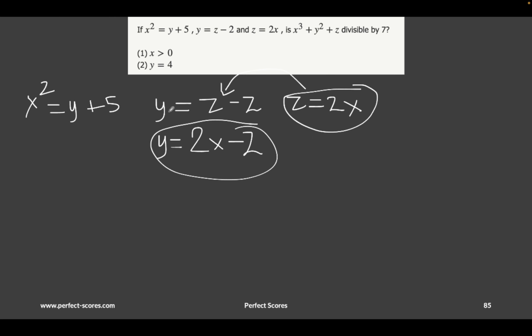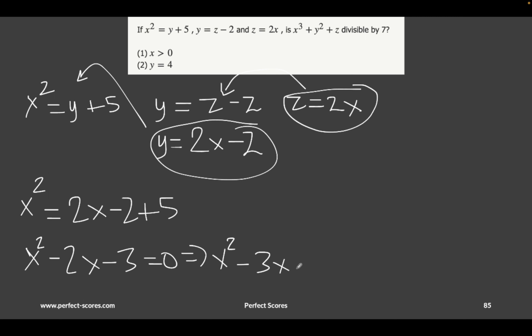Then I'm going to substitute this into this. So then this is going to be x squared is equal to 2x minus 2 plus 5. This gives me x squared minus 2x minus 3 is equal to 0. If I solve this, I get x squared minus 3x plus x minus 3 is equal to 0.